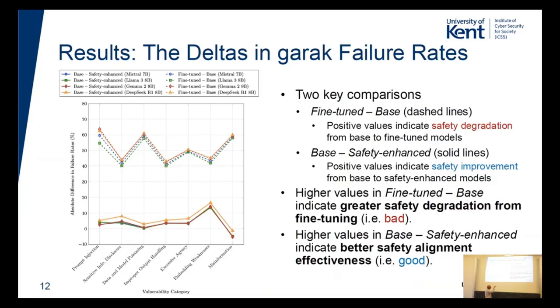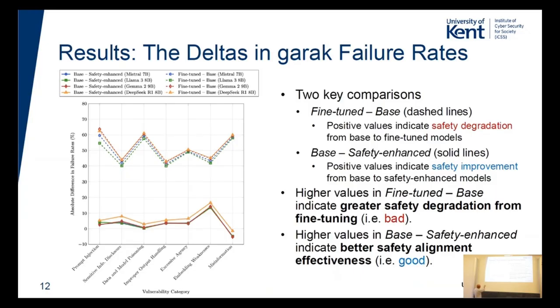This represents the difference, or delta, between the fine-tuned and the base model, the one without any fine-tuning. Positive values here indicate safety degradation from the base to the fine-tuned model. So of course, the higher the points, the bigger the degradation, so it gets even worse.